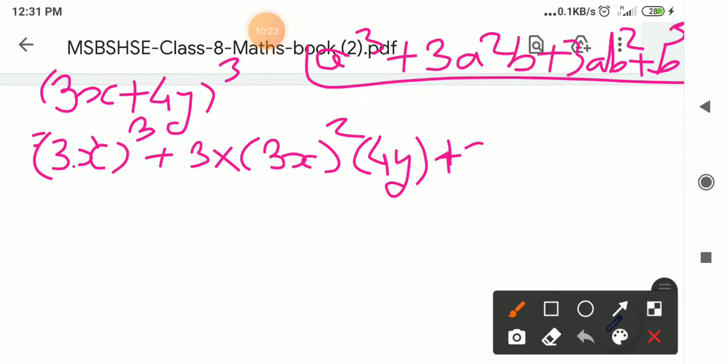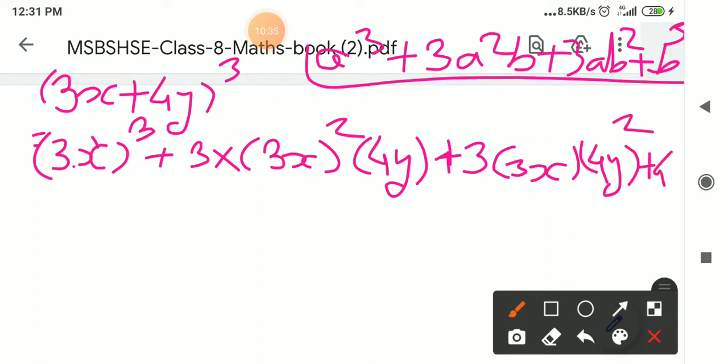So plus 3 into a, 3x, and b square means (4y) bracket square, and plus (4y) bracket cube.